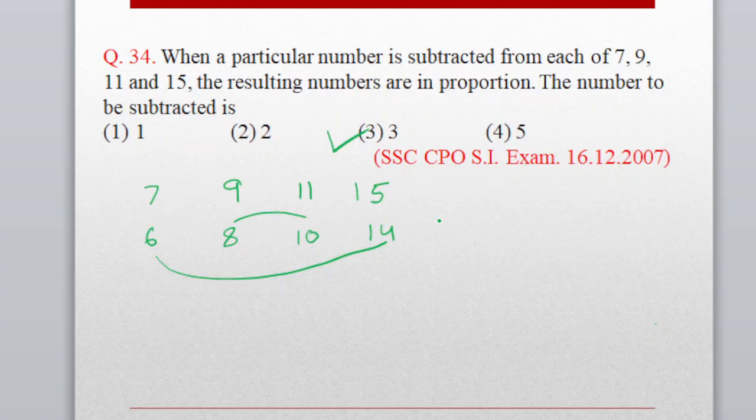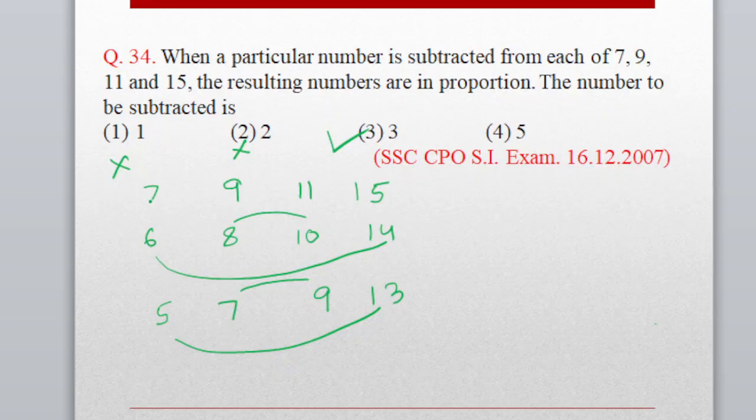So this option is not the correct answer. Now next, suppose we are subtracting 2 from each of the numbers, then it will be 5, 7, 9, 13. Now here the product of extreme terms should be equal to the product of mean terms, but this is not equal. That means option 2 is not a right answer.